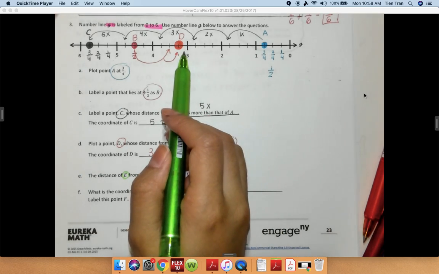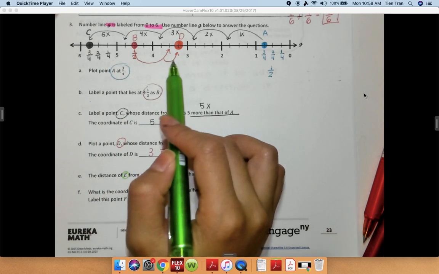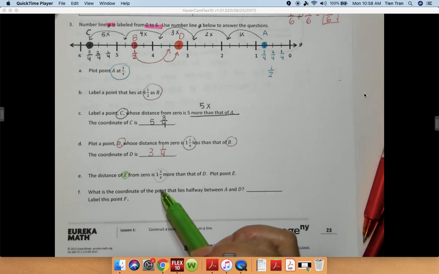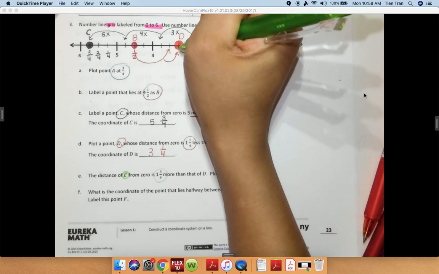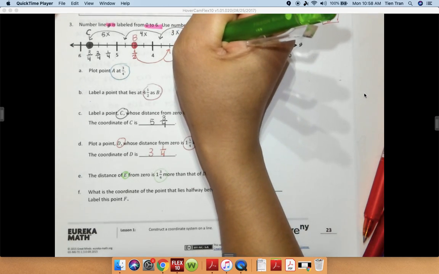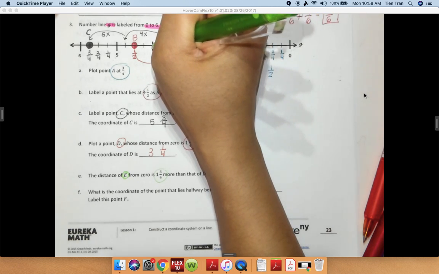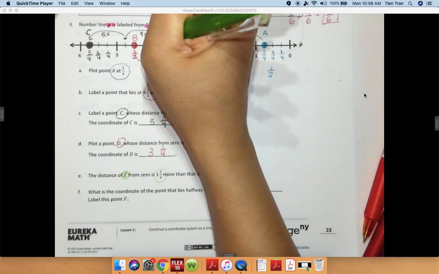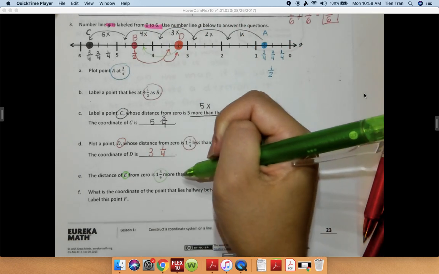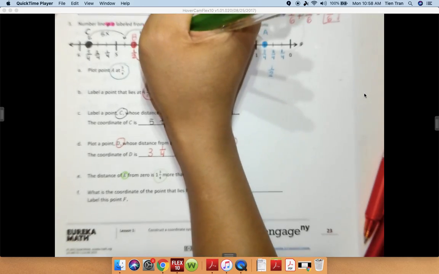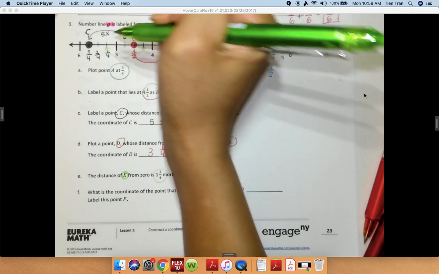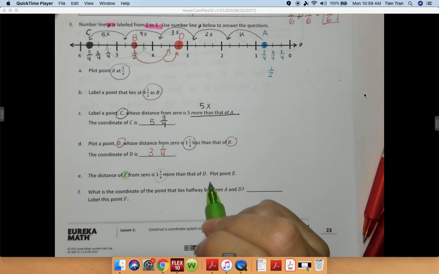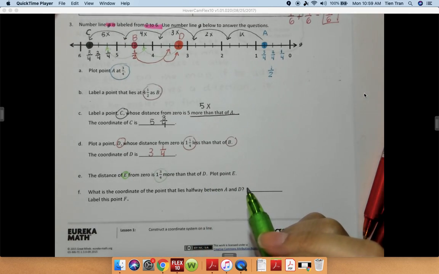So that means I'm going to move to my left right here, and we are at point D. So it says 1 and 3/4. So I'm going to go 1, 2, 3, 4. So that's 1 over. And then it tells me to go 3/4 more. So 1, 2, 3, 4. Okay, so that is my new coordinate for E.